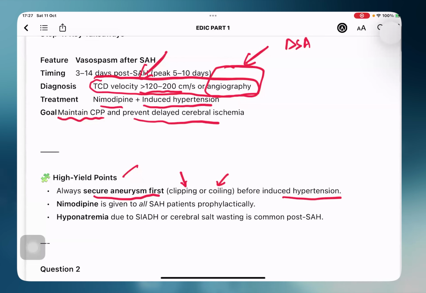After that, you give nimodipine to all SAH patients, but as a prophylaxis, that is preventive therapy. Once it has happened, then you will treat it with induced hypertension. Is there any complication? Yes. Hyponatremia due to SIADH, due to pressure on the hypothalamus, and cerebral salt wasting is common post SAH.